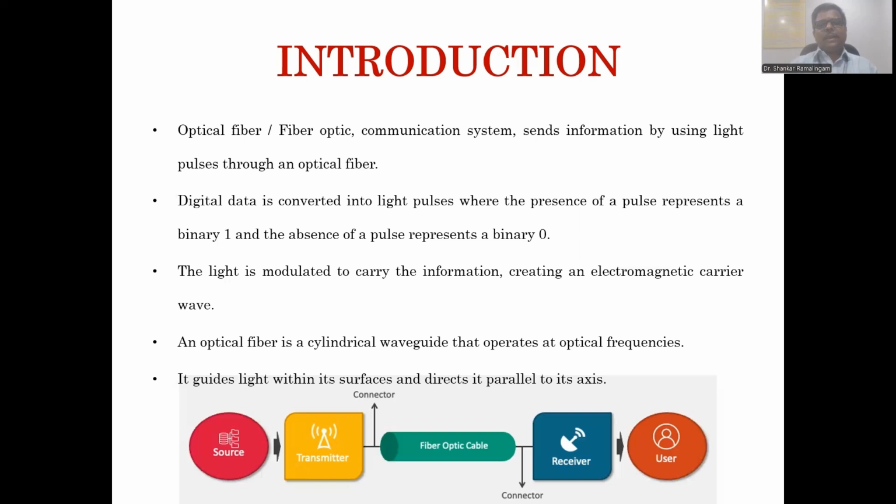Here, the light is the carrier which carries our information, which is in the form of digital data, ones and zeros. This is being done by our optical fiber cable, which is a cylindrical waveguide that operates only at optical frequencies. That is nothing but our light signals.